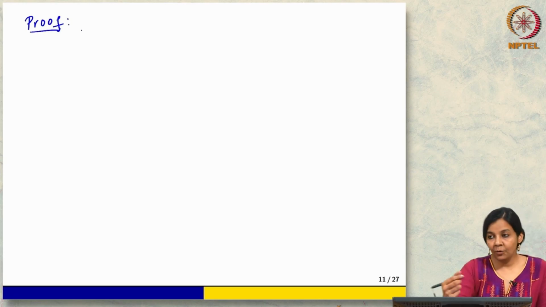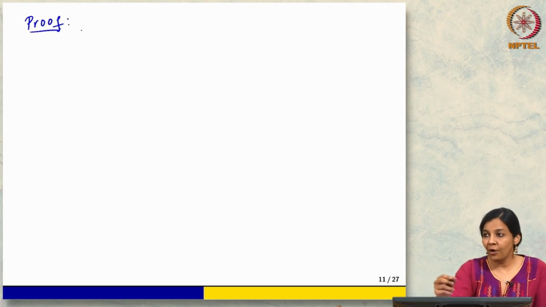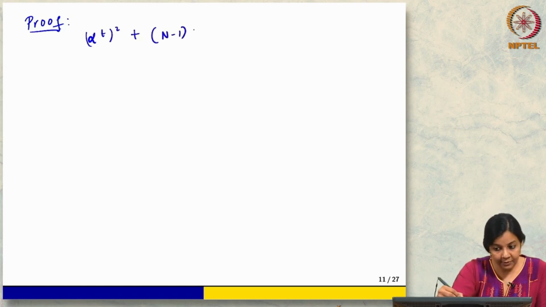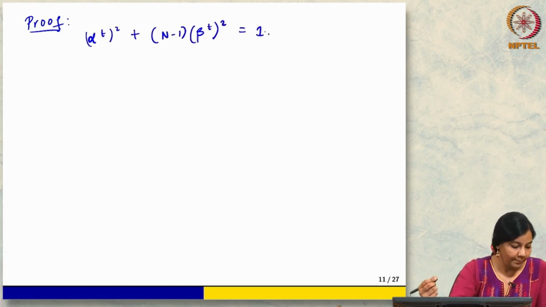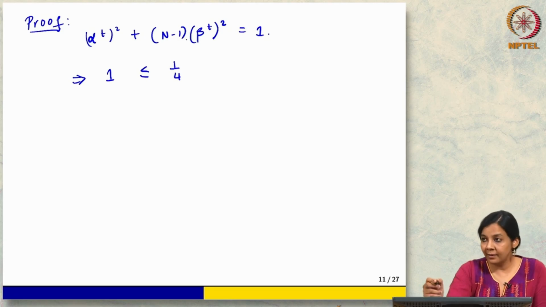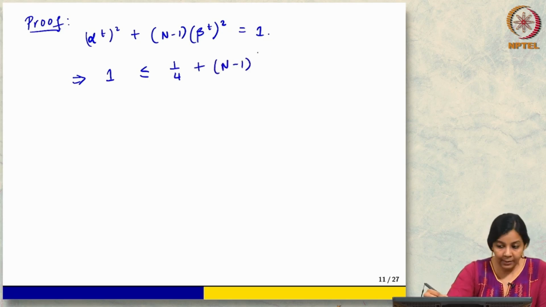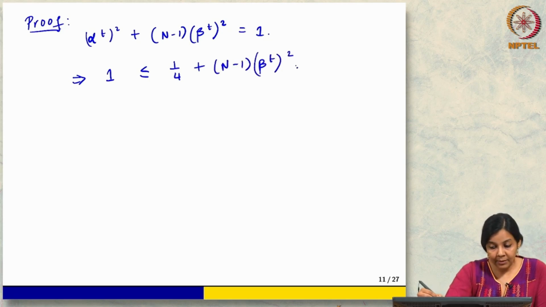So first, because the sum of squares of all amplitudes is 1, I can write that alpha t the whole squared plus n minus 1 beta t the whole squared is equal to 1. So this gives me that 1 is less than 1/4, because I assumed that alpha t is less than half, plus n minus 1 beta t the whole squared.